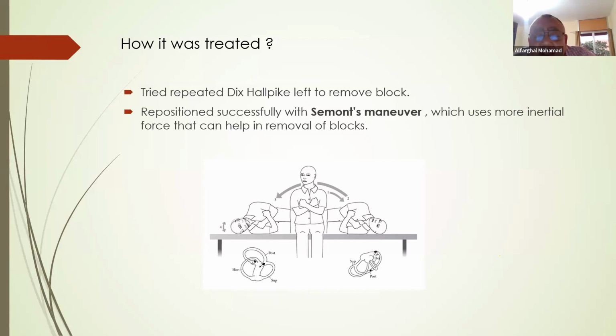So we use Epley, we use Semont, we use the Lee maneuver, and sometimes we use what's called the quick liberatory maneuver, which was published by Luigi Califano. All the maneuvers include moving from the affected side toward the unaffected side. All of them have a similar concept. So these are the maneuvers we use in our clinic.